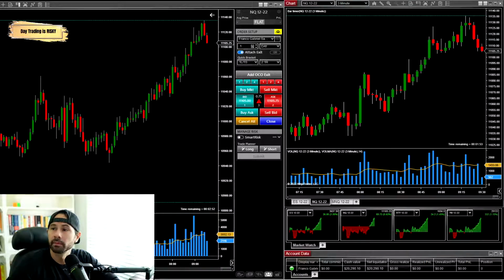I said if the dollar goes to demand, it hasn't come to demand, but it's holding right there pretty nicely. Now the bond yields came back to the demand and they're starting to reject that level. So right now the yields are aligned for the short in the equity markets, not the dollar. The dollar is in the middle of nowhere right now, exactly halfway between the demand and the supply. So I want to pay attention to that.